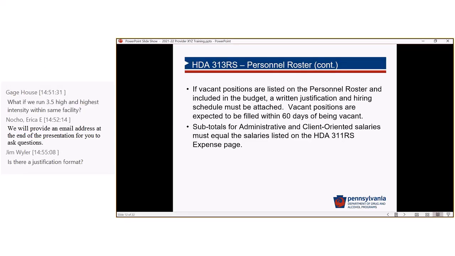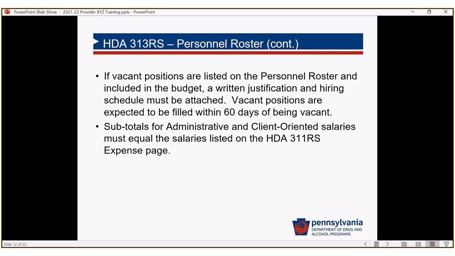Another thing I'd like to quickly go back and discuss are a couple of other items on the roster of personnel. At the top of the roster, you will see that it is for the upcoming fiscal year. For the purposes of this presentation, that upcoming fiscal year is fiscal year 2021 to 2022.